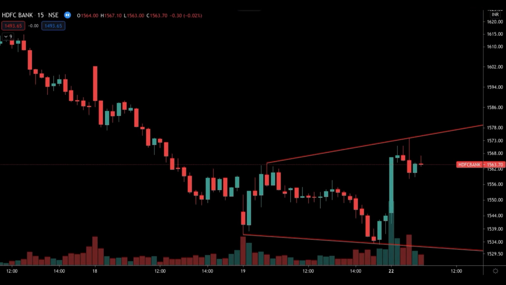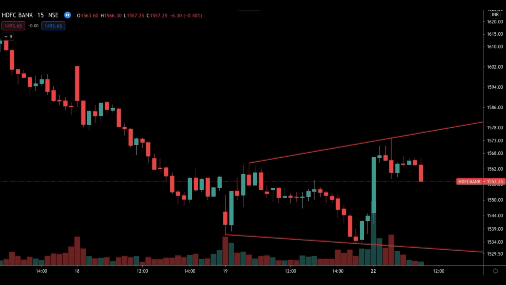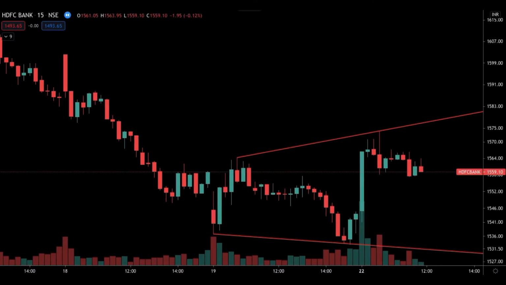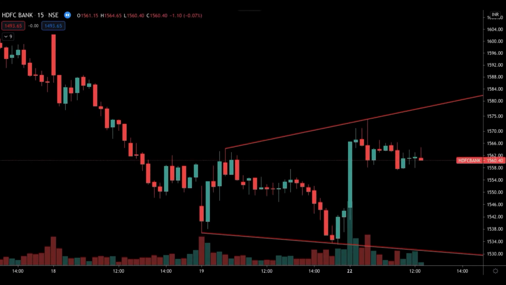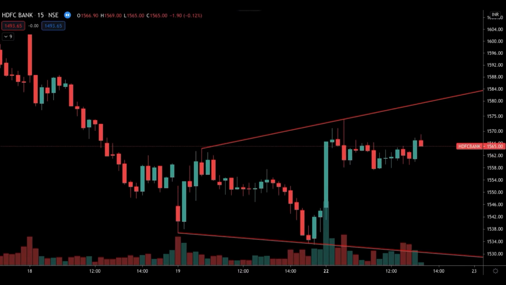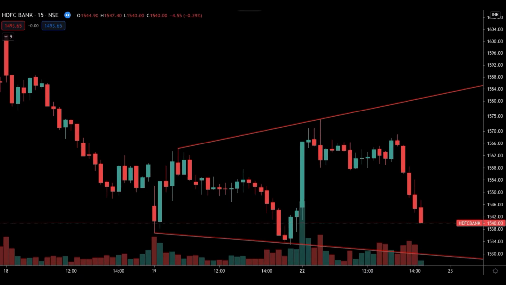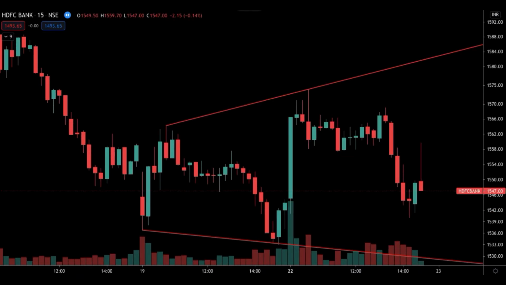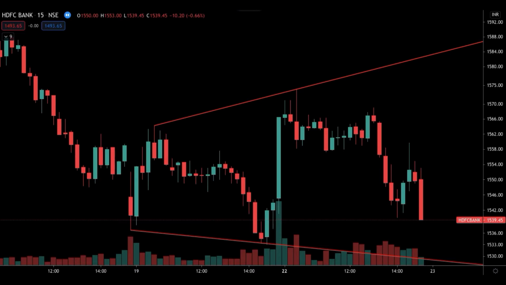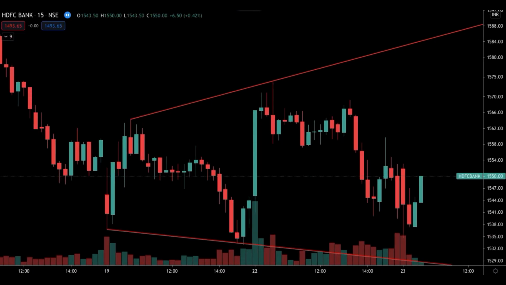This is our pattern which we are going to observe. Now, when we see the stock consolidating in this range, it is going down and going down, but it isn't touching its bottom trend line yet.